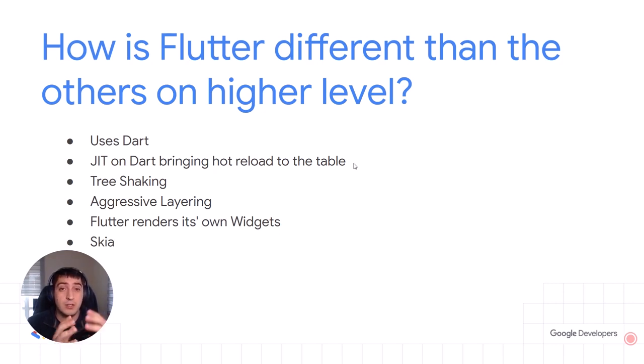That means you have control over all the pixels, because whatever you do comes from the SDK itself. It doesn't come from the platform. And it renders these widgets performantly by using its own graphics engine called Skia. This is how we have Flutter in a performant way.